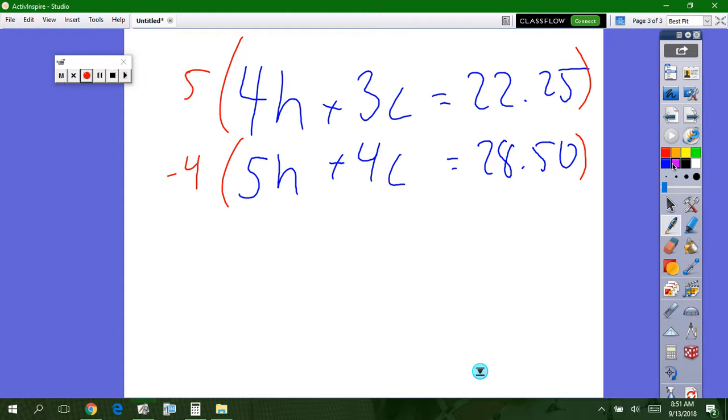Okay. So as I multiply by 5, I get 20H plus 15C equals, that's 110. So what is that? 112.25? 111. Oh, I was off. Sorry.